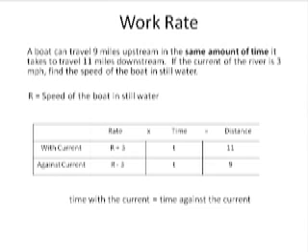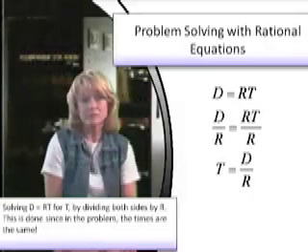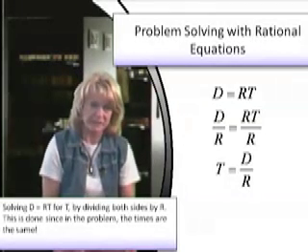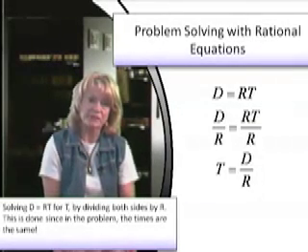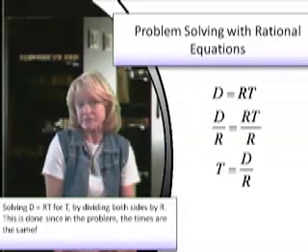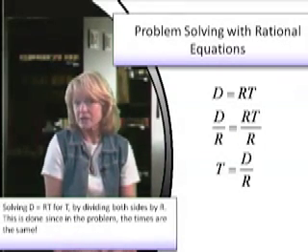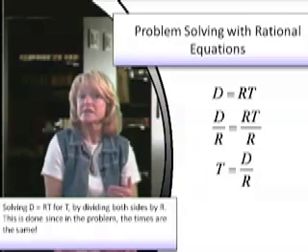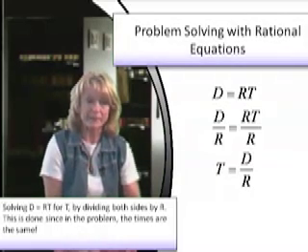The times are the same as stated earlier. Distances are given. Now where do we go from here? We'll go back to the statement about times being the same. But first, we work with the formula. If we are going to use this fact, the times are the same, we need to rearrange the formula so that it's solved for t. So when we divide by r, we get that time is distance divided by rate.